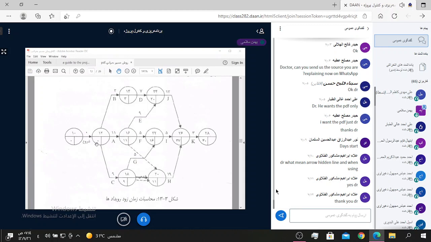For finding the ES for node 12, we should take ES for node 10 plus duration of start activity.